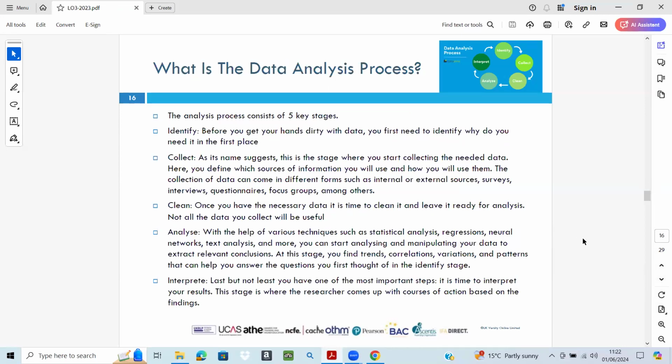Next slide. So this one is, what is the data analysis process? We have to discuss the 5 key stages.